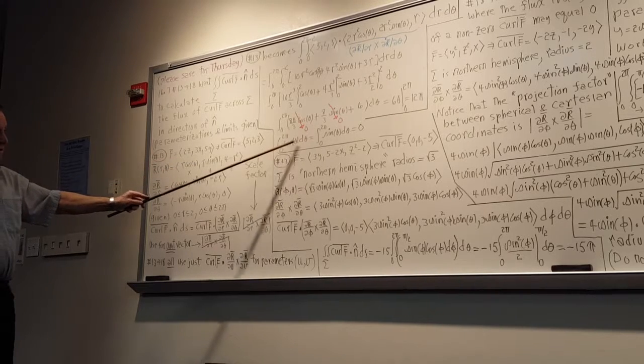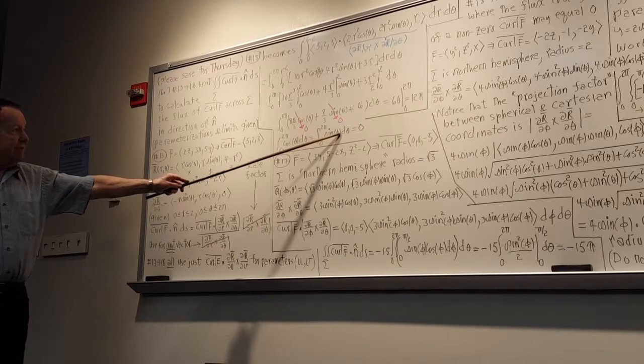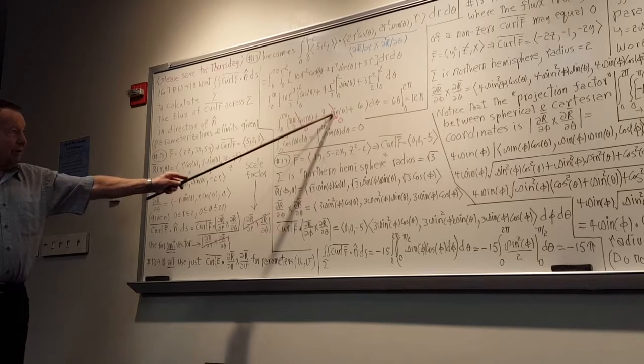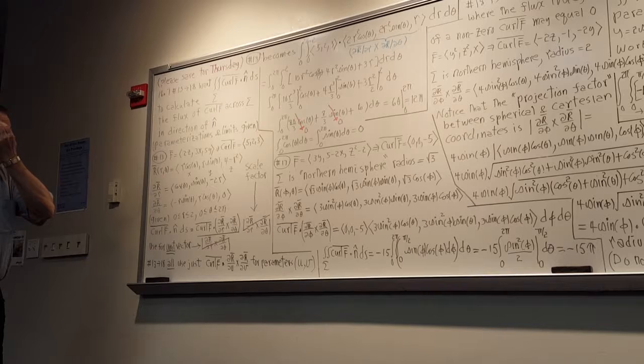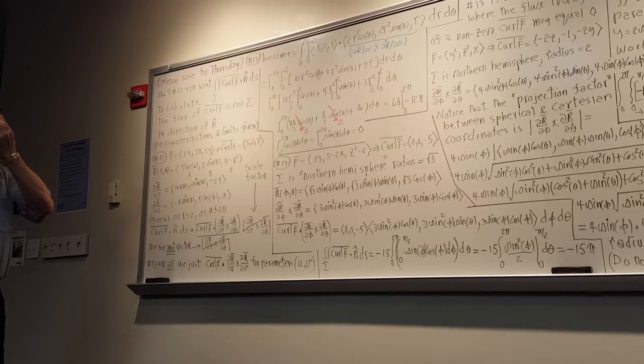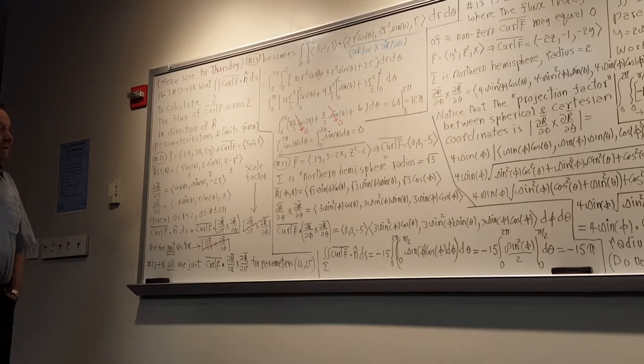So that integral is 0, and that integral is 0. So those are both gone, so you don't have to do them really. So what you have is the integral of 6 from 0 to 2 pi, and that'll get you 12 pi. And that's what they say it is.